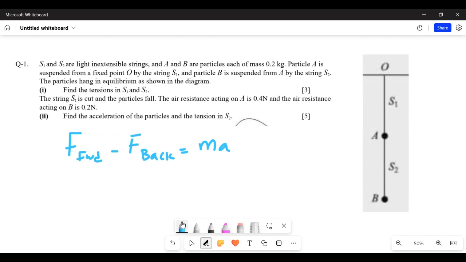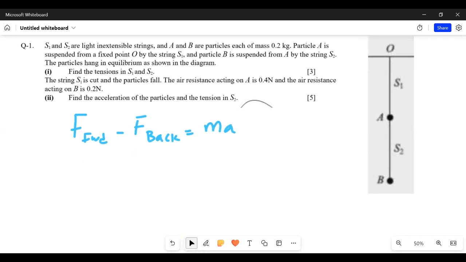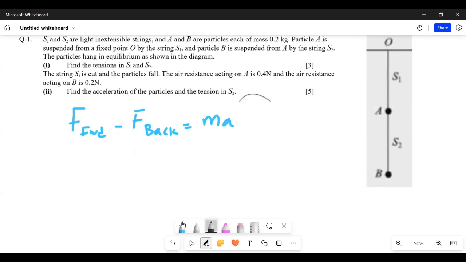In some of the questions, acceleration is 0, so this side becomes 0, and the formula just becomes forward force equals backward force.